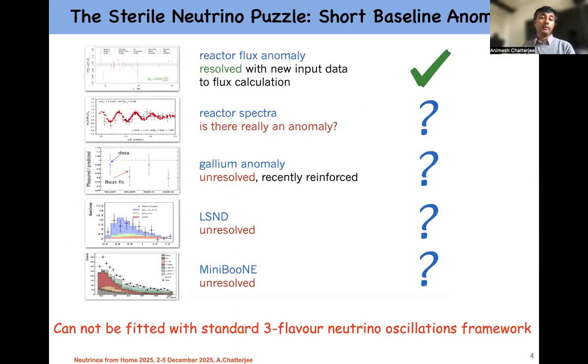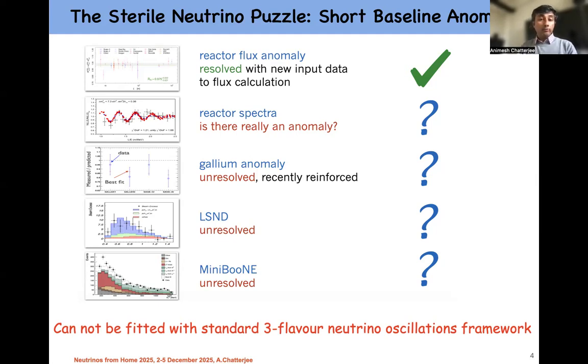However, not only LSND and MiniBooNE, there are other experiments that also observed the same kind of anomalies, mostly at shorter baselines. Starting from the reactor experiments, for example Neutrino-4, and some of the experiments looking at solar neutrinos, which for calibration purposes used a radioactive source where they have seen a similar kind of excess, for example the gallium experiment.